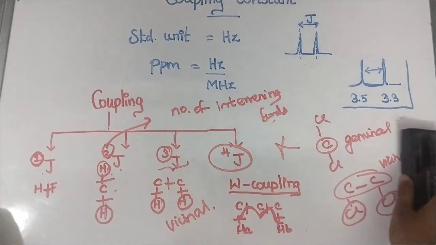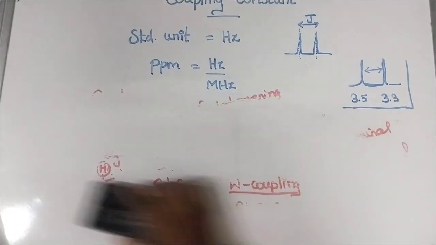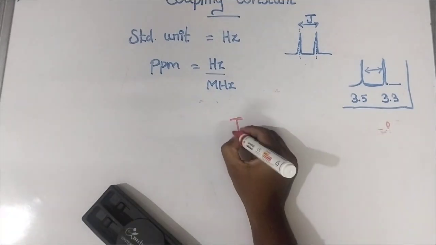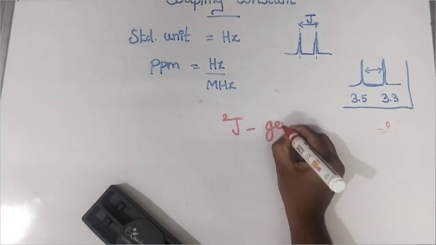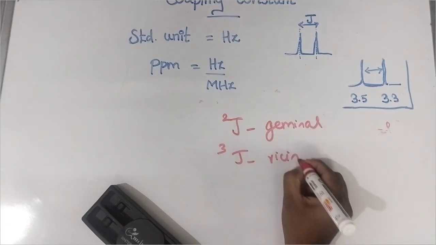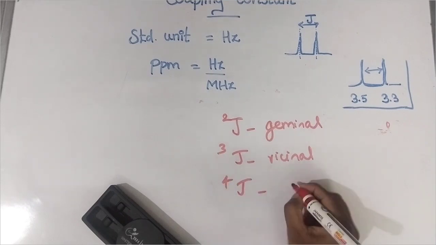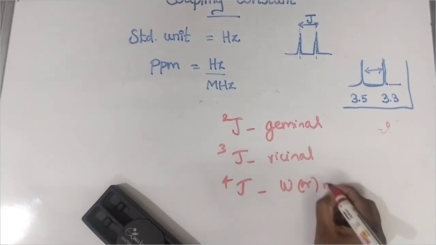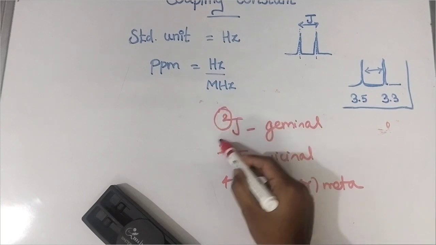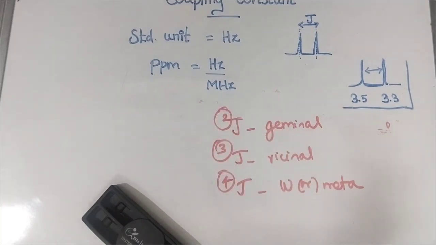The overall summary is: J2 coupling is geminal coupling, J3 coupling is vicinal coupling, J4 coupling is W coupling or meta coupling. And one more thing: this number indicates the number of intervening bonds between the two groups that couple.